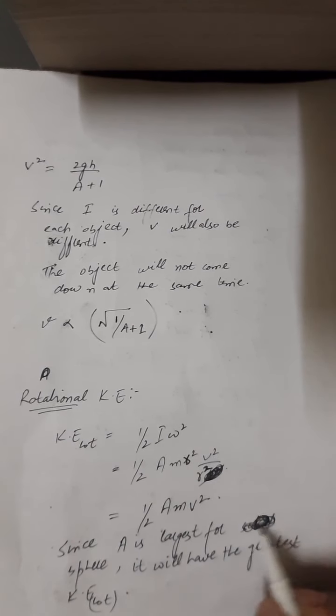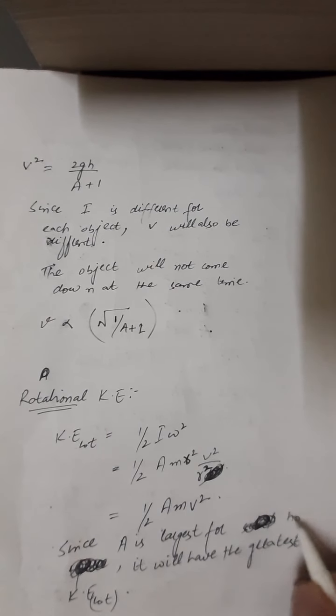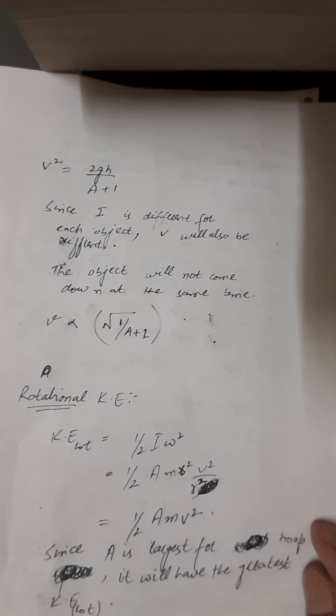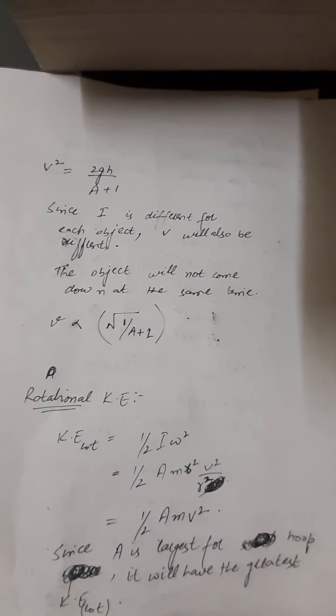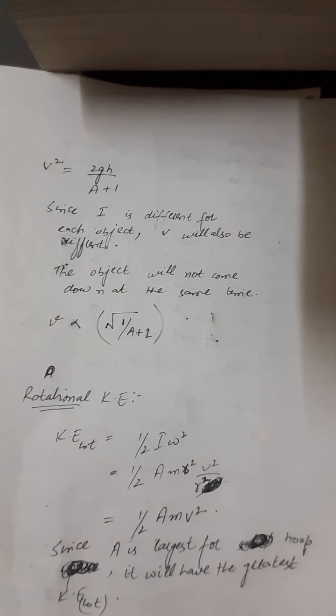It's largest for the hoop. It's 1. All other fractions are less than 1. So the hoop will have the greatest rotational kinetic energy at the bottom, not the solid sphere. It will have the least.